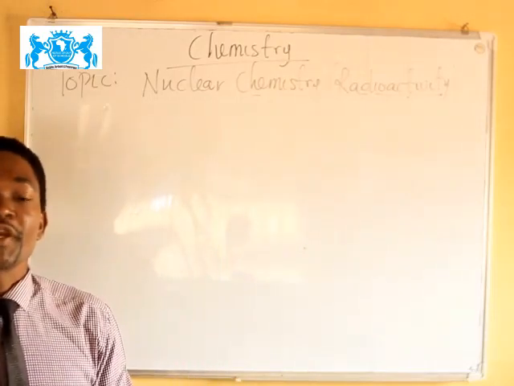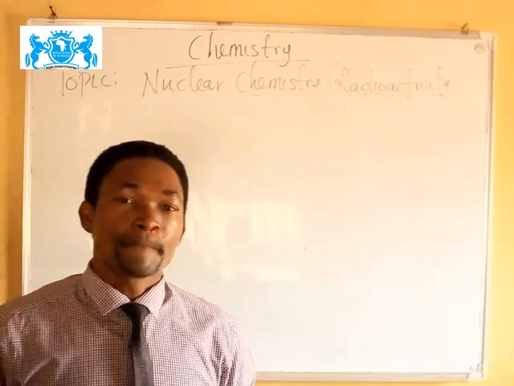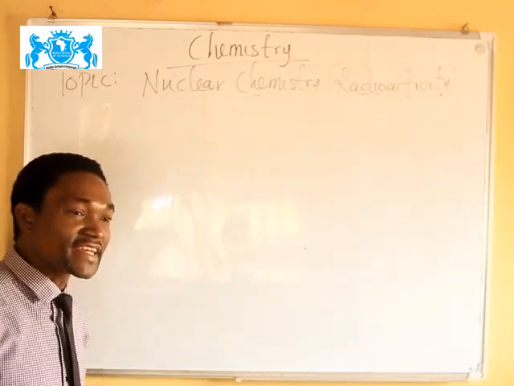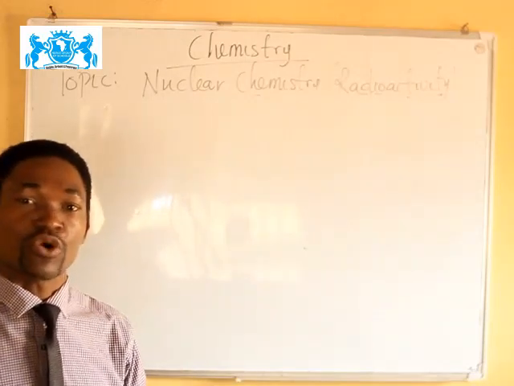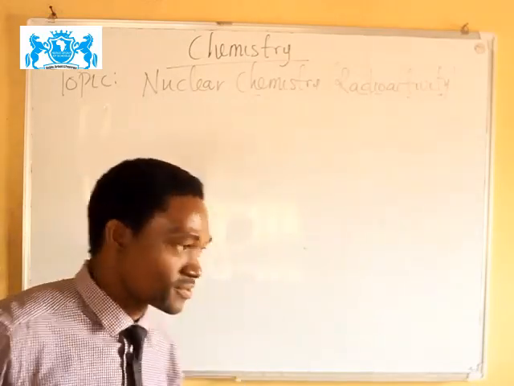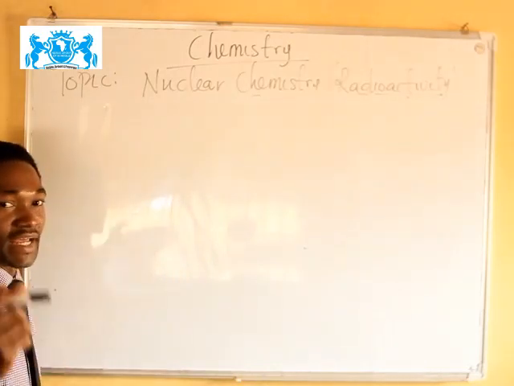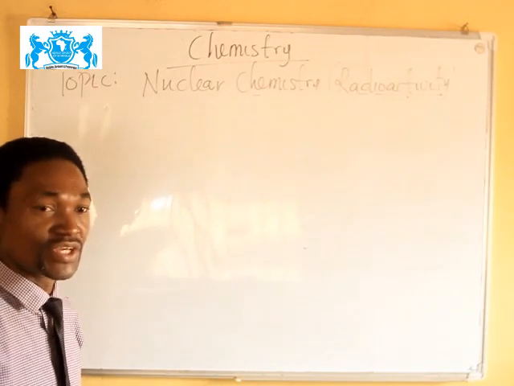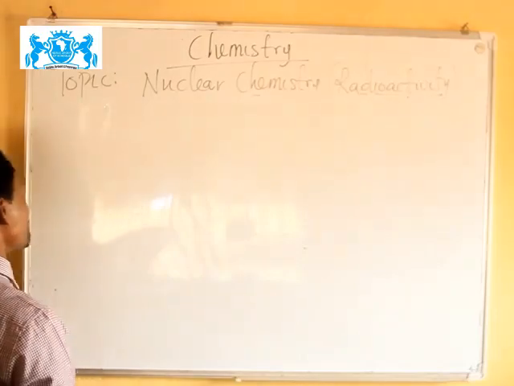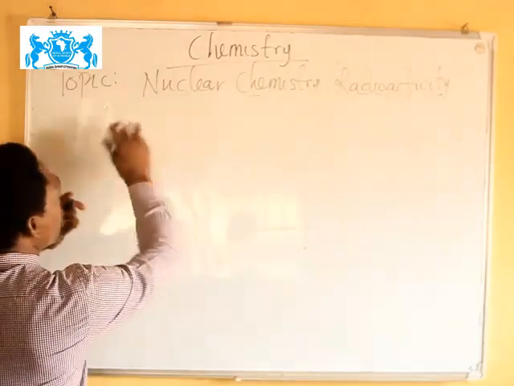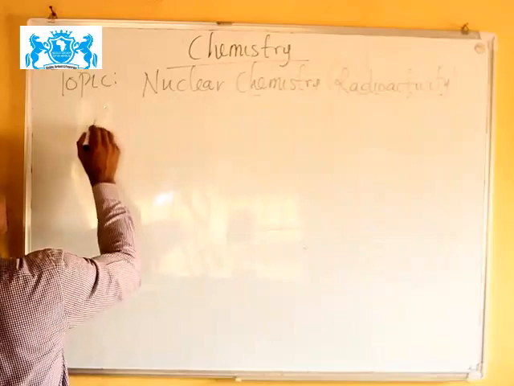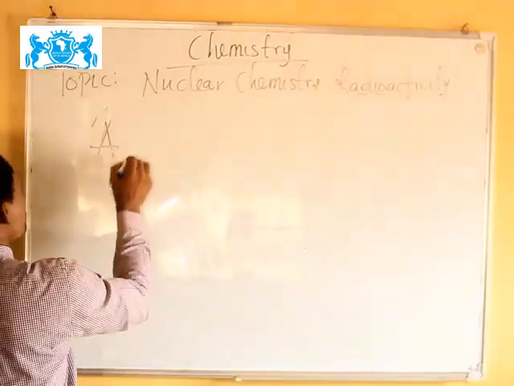At the same time, if an element undergoes beta radiation, it means that the element will produce or liberate beta particles. The same thing happens when an element undergoes gamma radiation. It liberates gamma rays.